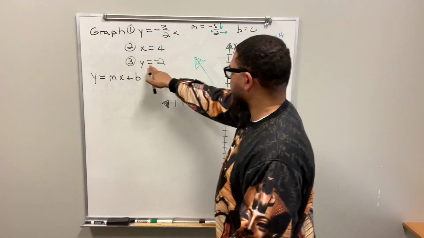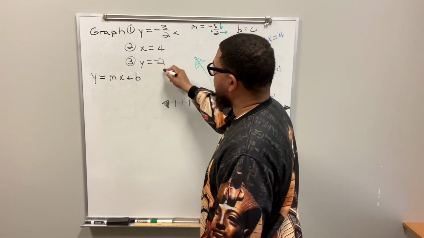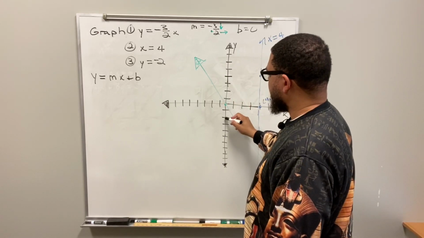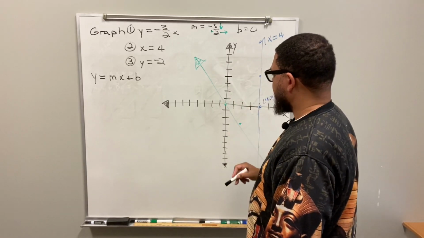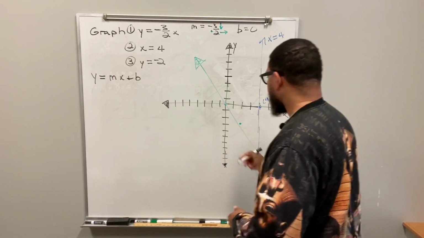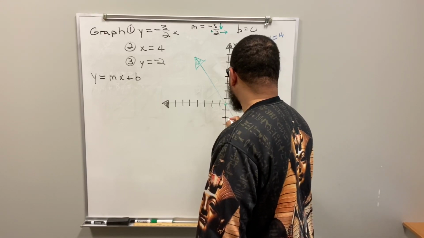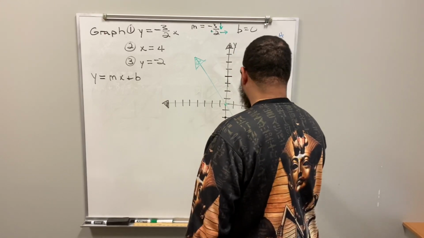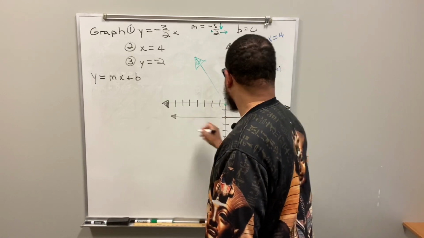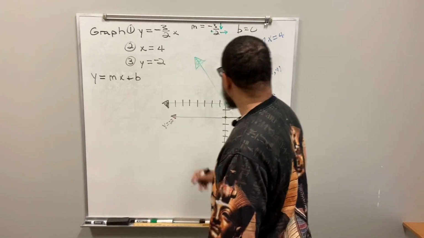Now, all I got to do is find -2 on the y-axis because this says y is -2. -2 is right there. And now we just draw a line, going straight across like that. And then we got y equals -2.